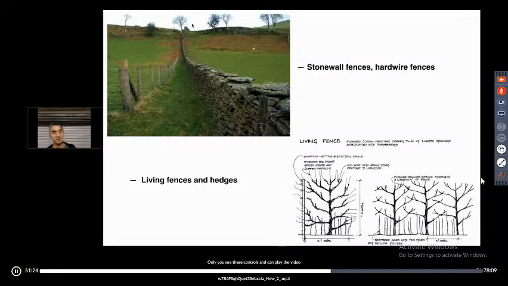And then we have living fences and hedges. If you're planting trees, doing shelter belts, or doing different hedges that you'll be using later, they also have to be in a good location. They're more permanent. They could be even more permanent than hardwire, sometimes more than stone wall fences.